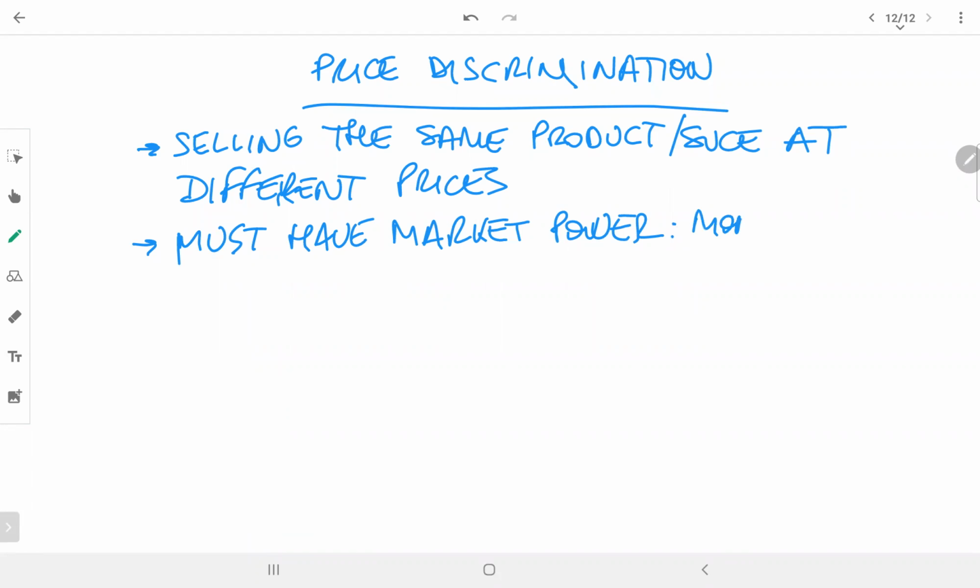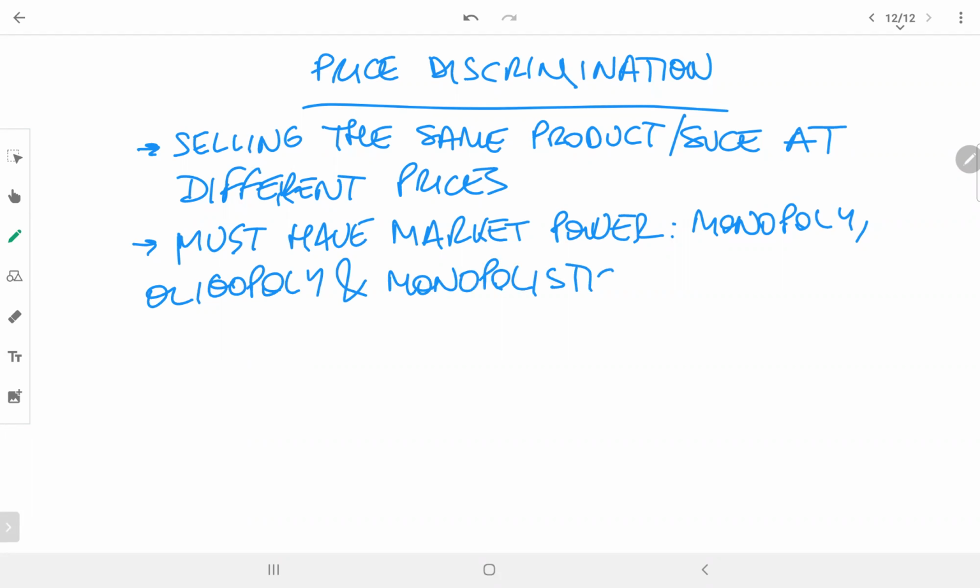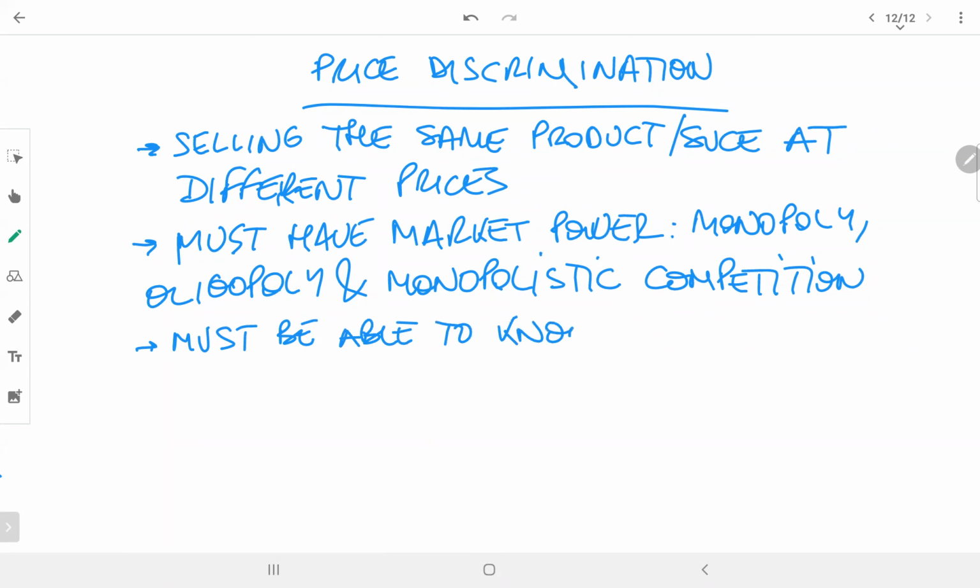So we're talking about monopoly, oligopoly, and monopolistic competition. We must be able to know or guess the demand.